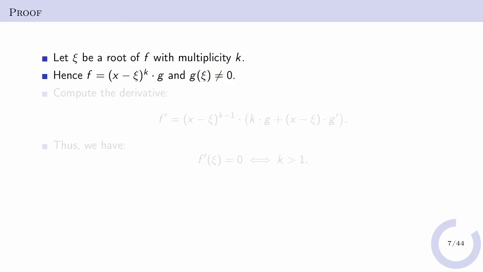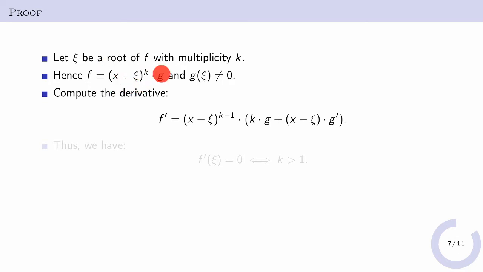So let us compute the derivative of f. We use the product rule. We have the derivative of a product. So this is the derivative of the first term times the second term, plus the first term times the derivative of the second term. So what we have? We have (x minus xi) to the k minus 1 power times k times g.